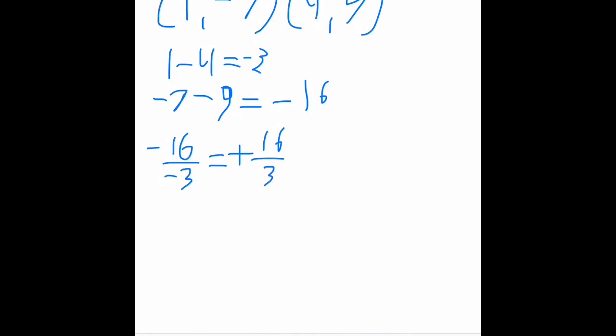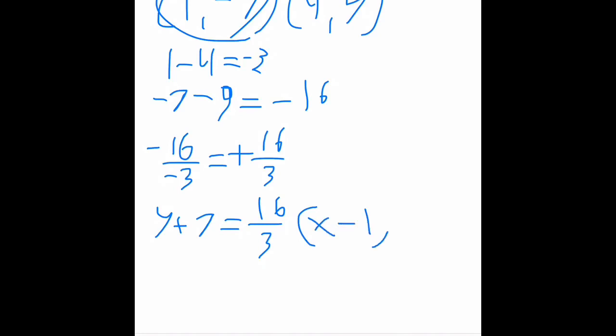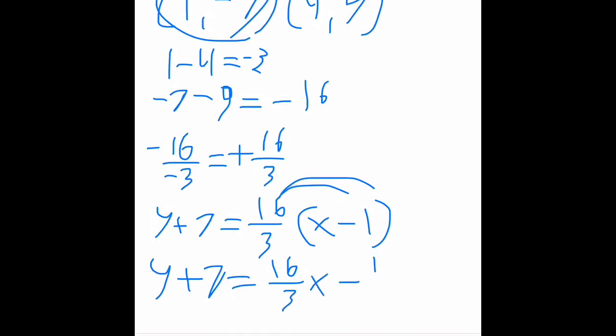So then you would make a point-slope equation using the first one up here. y plus 7 is equal to 16/3, and then x minus 1. You distribute. y plus 7 is equal to 16/3 x minus 16/3.